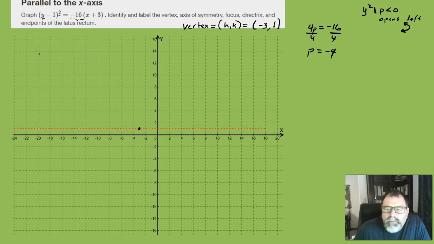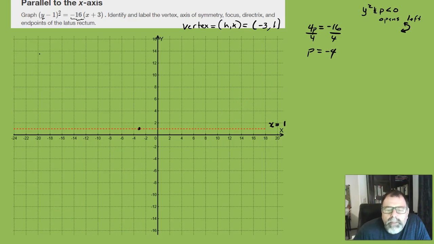Okay, that's my axis of symmetry. So x equals 1. And then I'm going to do my, okay, p is negative 4.